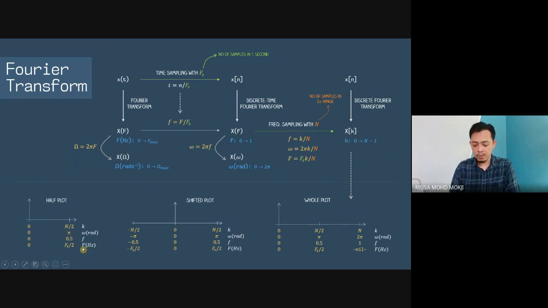If you are referring to the physical frequency, your maximum frequency will be Fs over 2. Because from the Nyquist frequency, Fs is supposed to be equal to 2Fn, and Fn is the maximum frequency. That's why here it is just Fs over 2. That will be your maximum frequency.